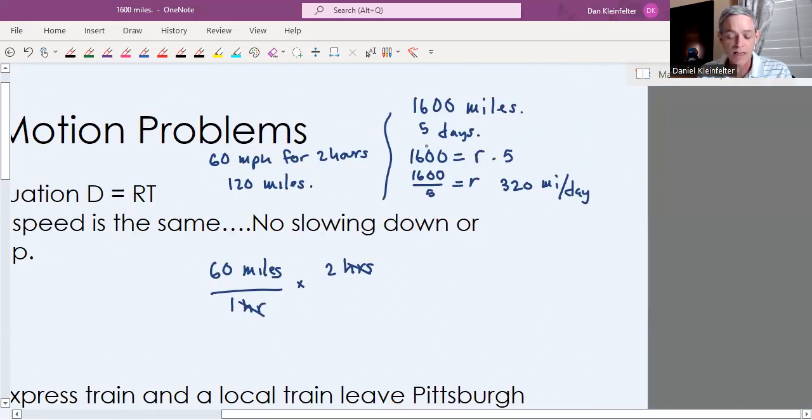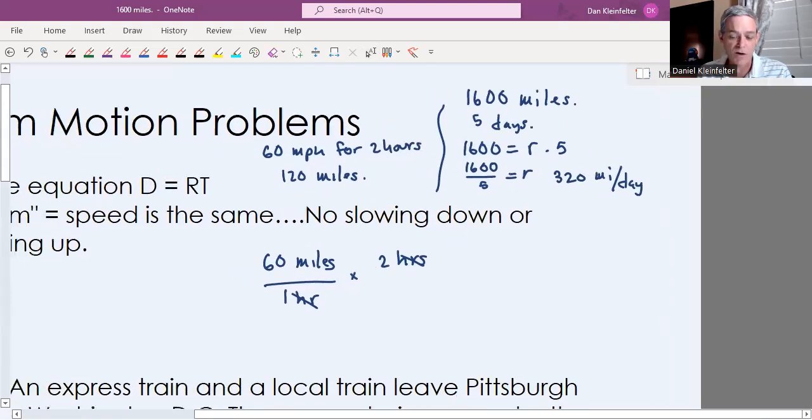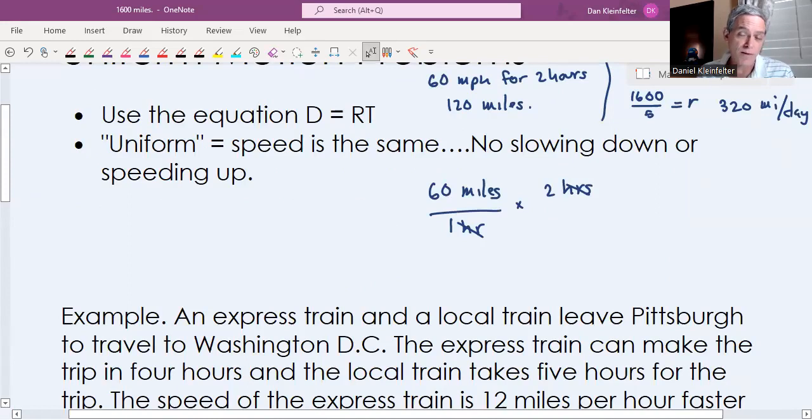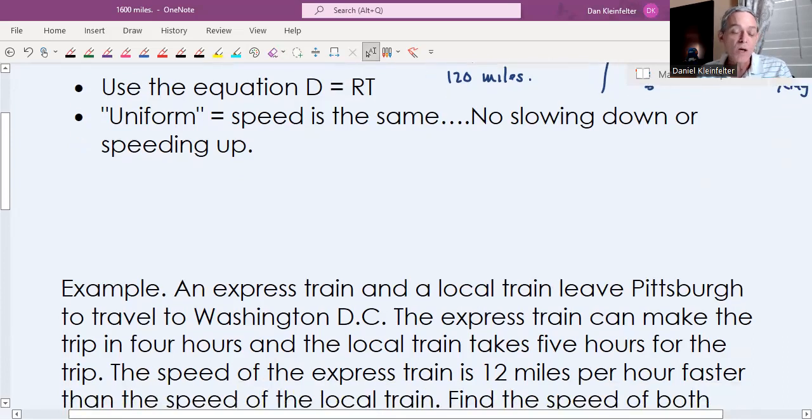The 1,600 miles in 5 days is a constant speed of 320 miles a day across the 5 days. So within uniform motion problems, there's no speeding up or slowing down, and the motion will be governed by this equation, distance equals rate times time.